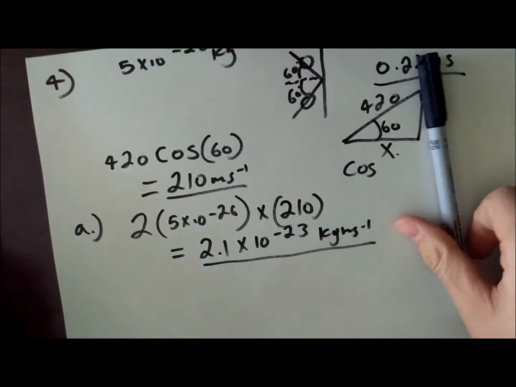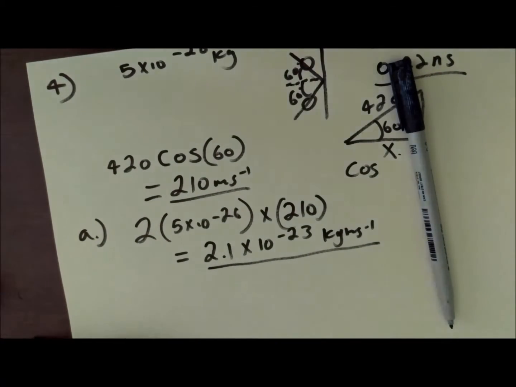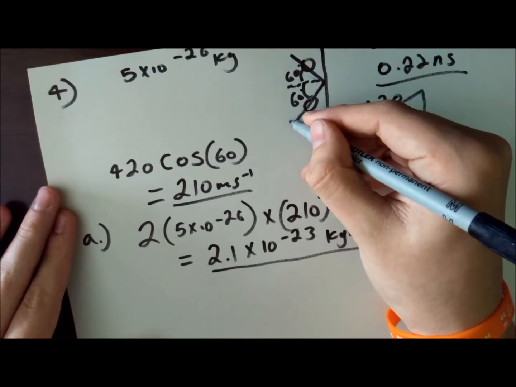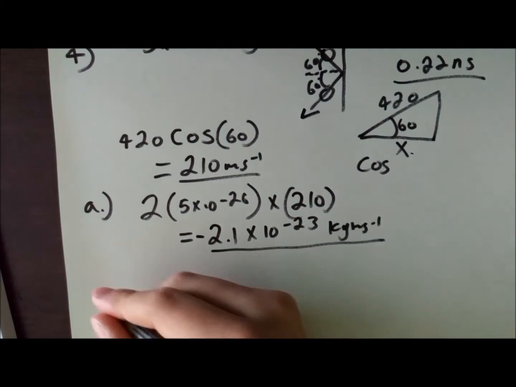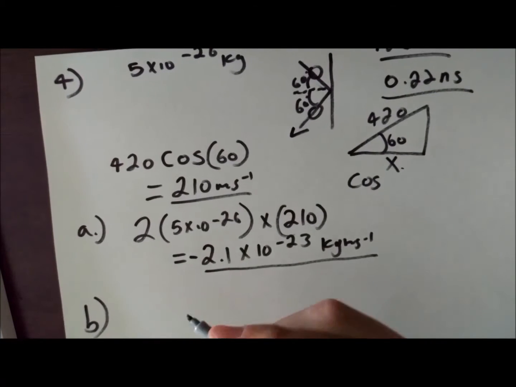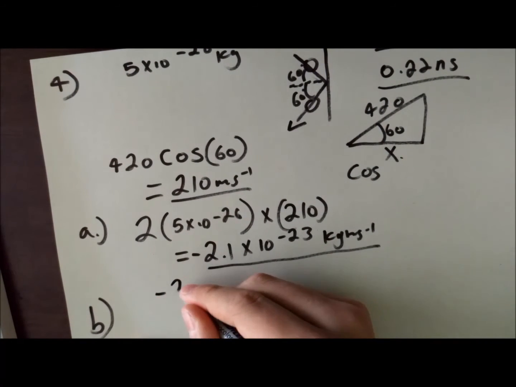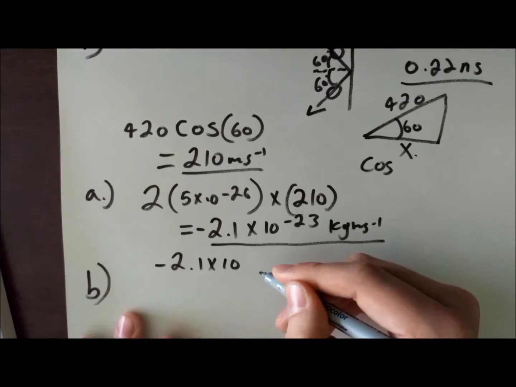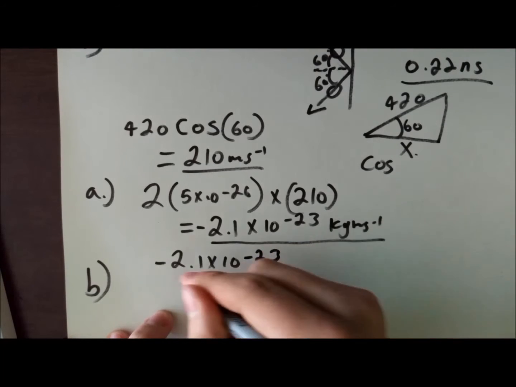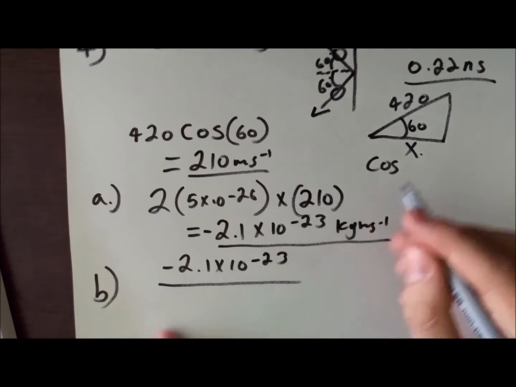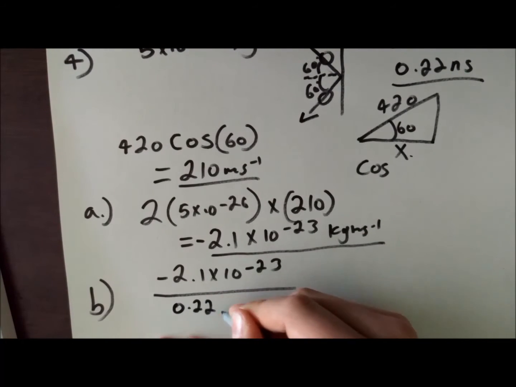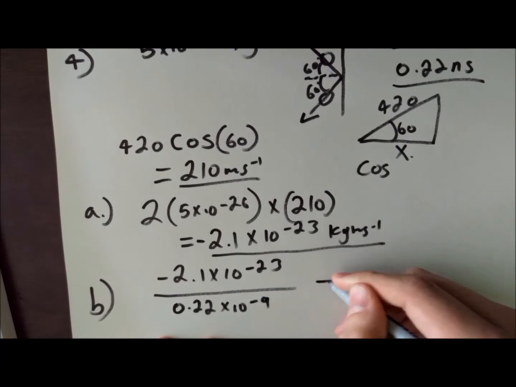So that's part A. And again, because it's moving away from the surface, we want to add a minus sign. Now part B for this, again, we use the change in momentum we calculated, 10 to the minus 23, and divide that by our time, which again is 0.22 times 10 to the minus 9.